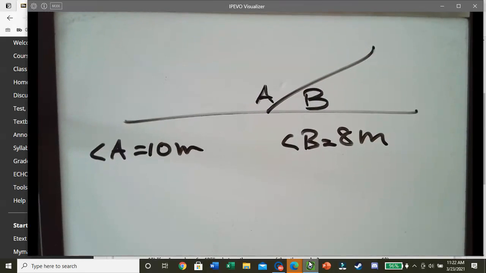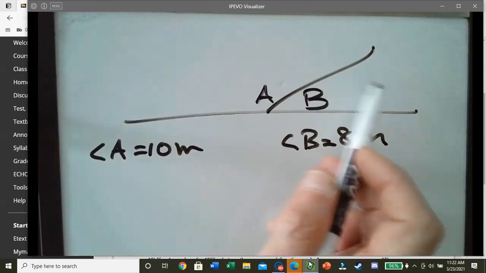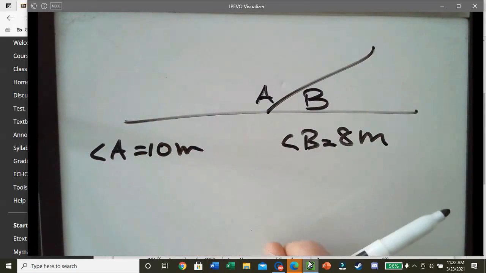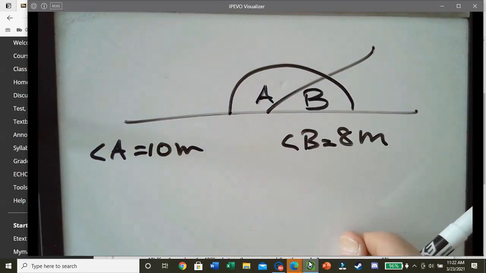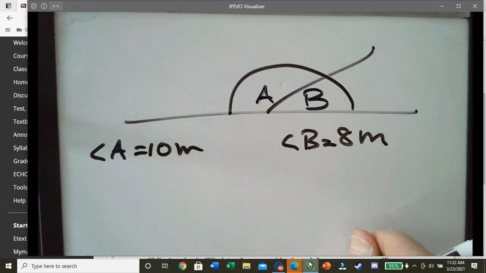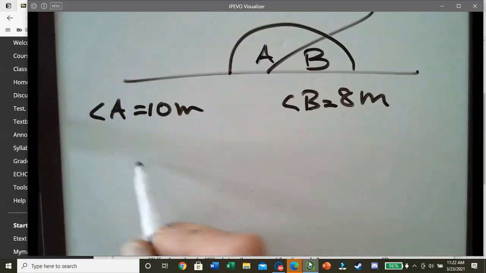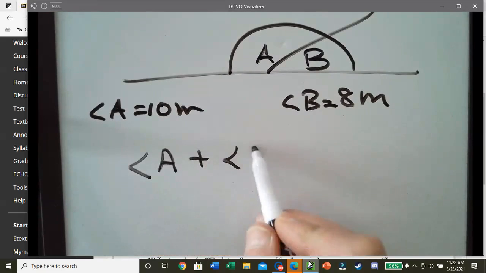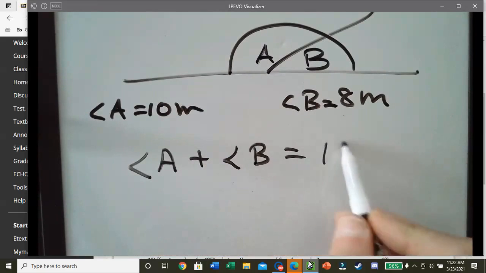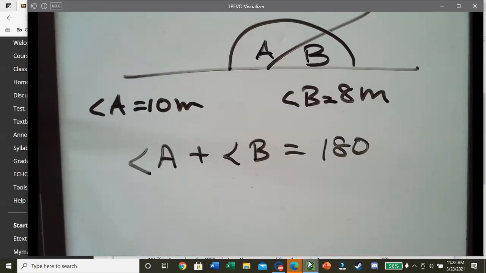Okay. These two angles, what kind of angles are they? They add up to what? You took angle A and angle B, what would they add up to? 180, right? So angle A plus angle B equals 180, right?